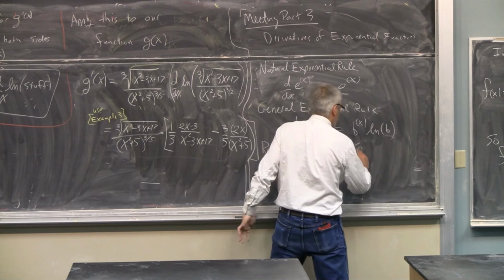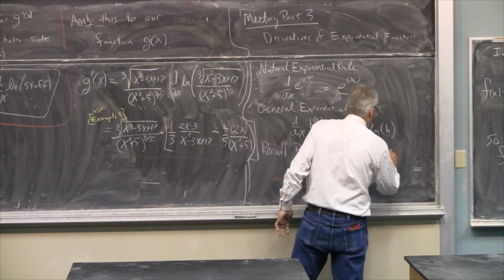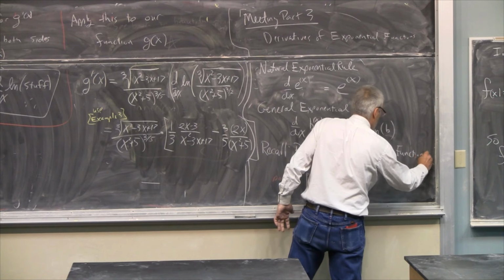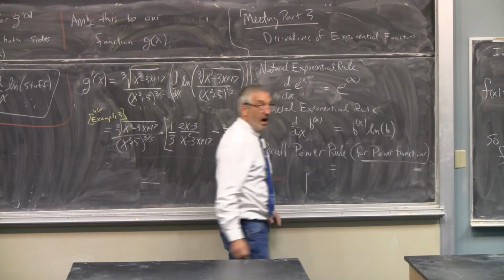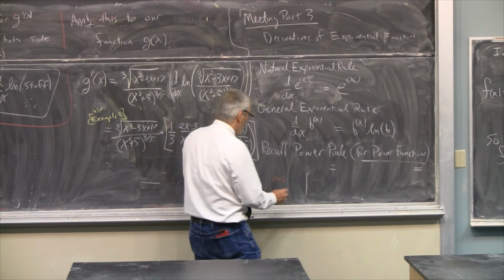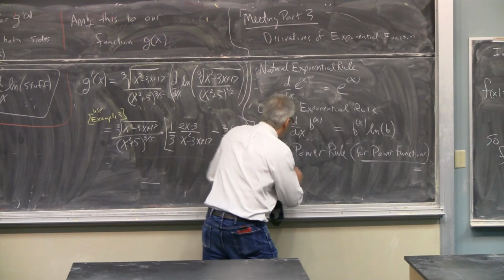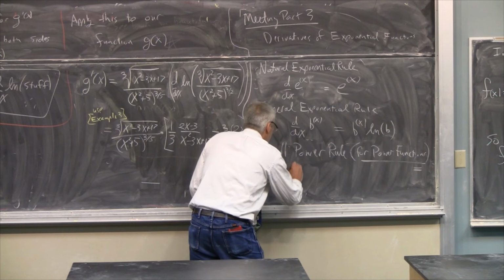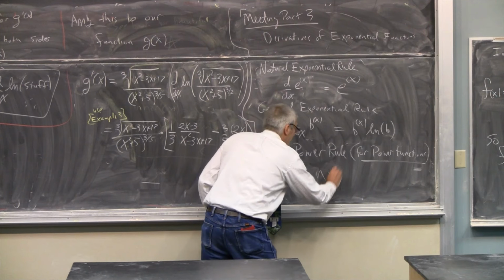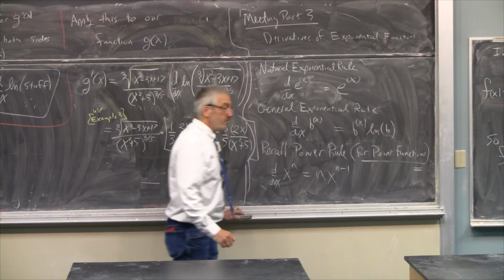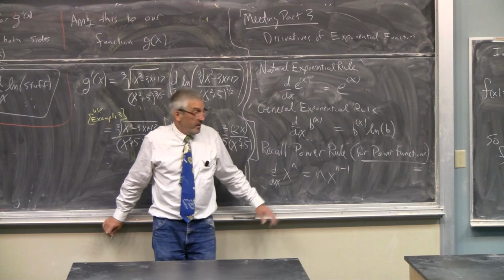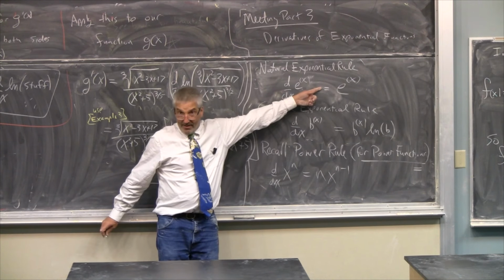The power rule is for power functions, not for exponential functions. And the power rule says that the derivative of x to the n equals n x to the n minus 1. Remember that? You bring down the exponent and you lower the exponent by 1. These things are not that.